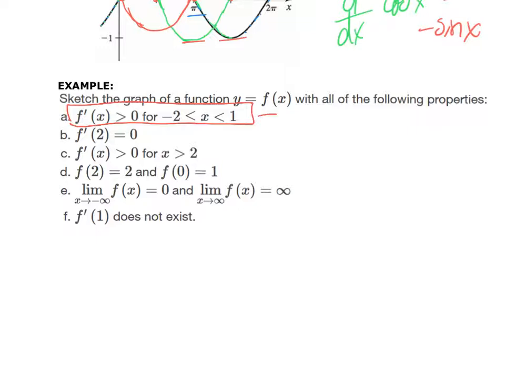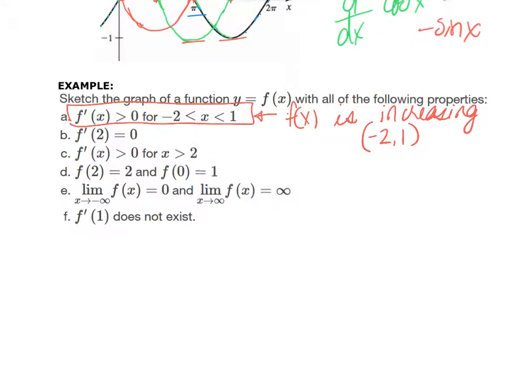So what that tells me is that in that region from -2 to 1, my function is increasing. So I'm increasing on the interval from -2 to 1 on my original f of x.